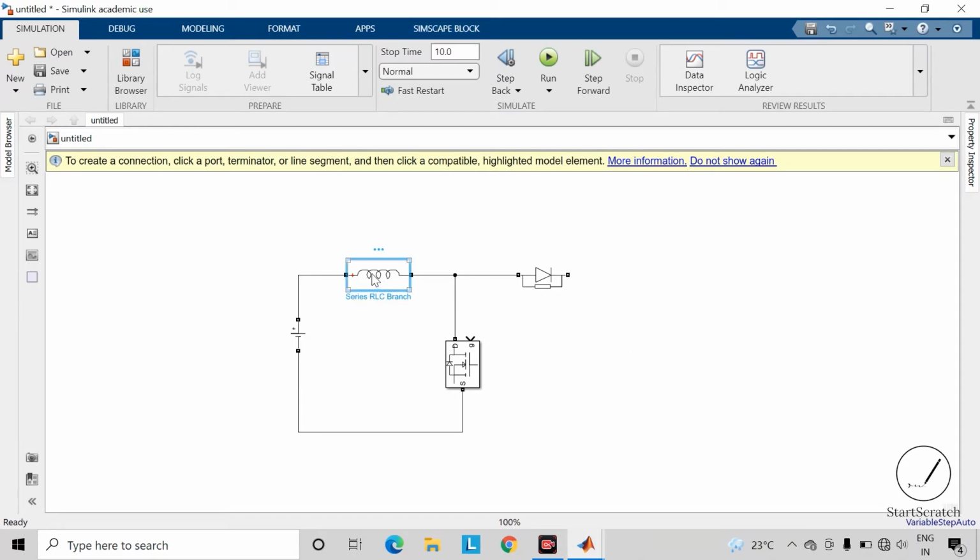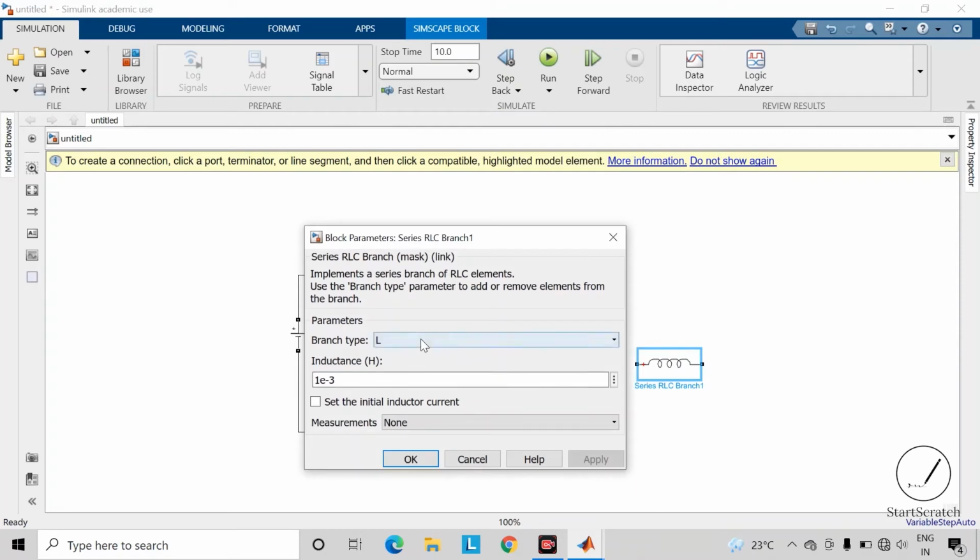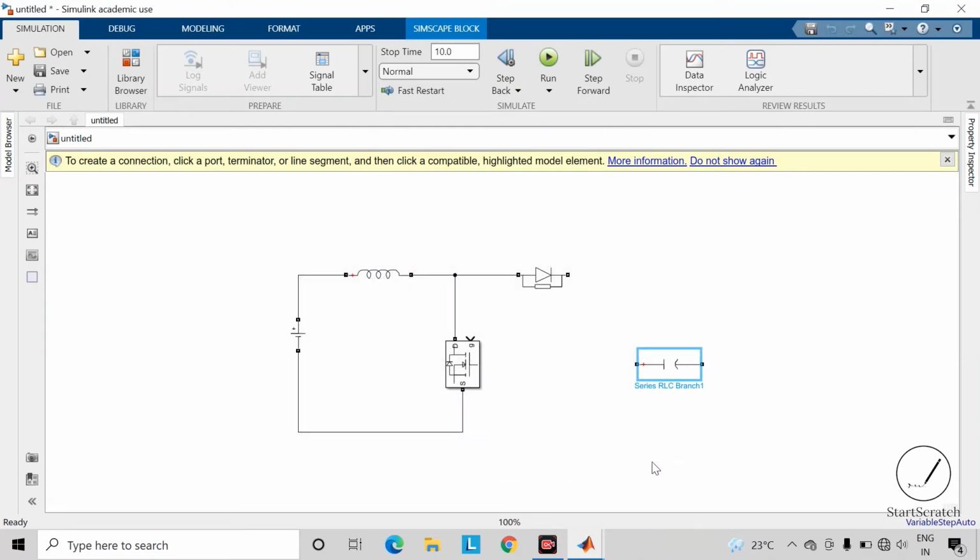Now I will copy this series RLC branch and convert it into capacitive type. Now take a resistor type of load.